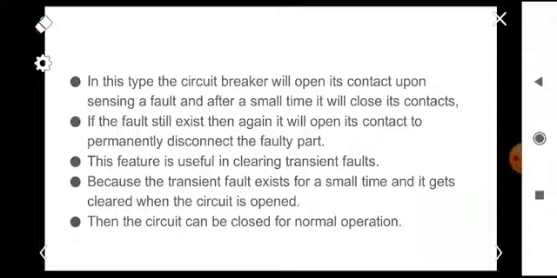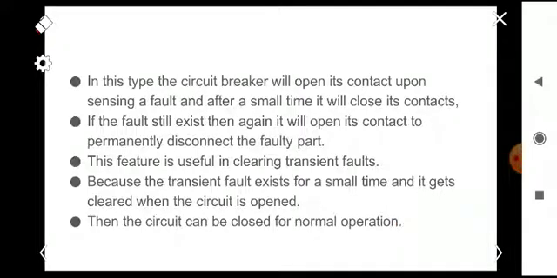If the fault still exists, it will again open its contact to permanently disconnect the faulty part. This feature is useful in clearing transient faults, because a transient fault exists for a small time and gets cleared when the circuit is opened. Then the circuit can be closed for normal operation.